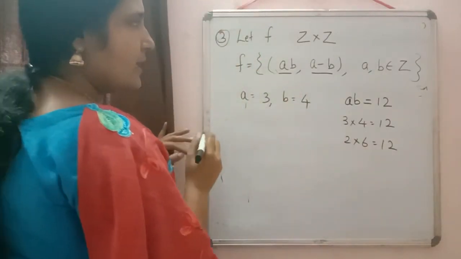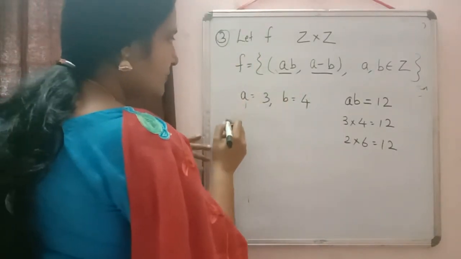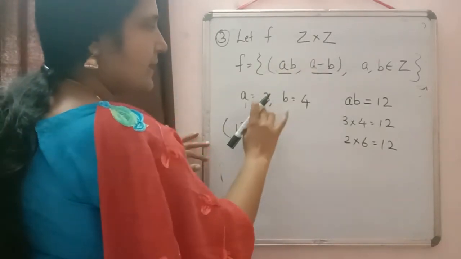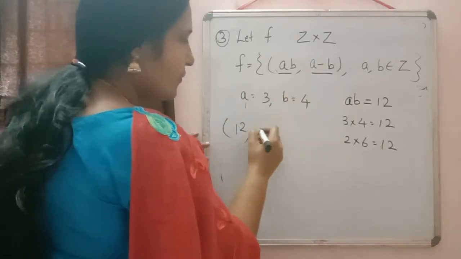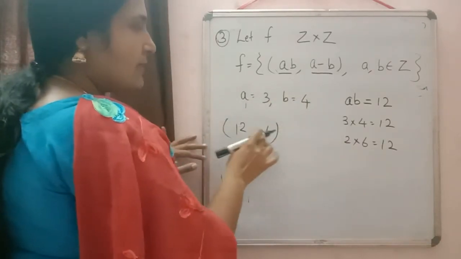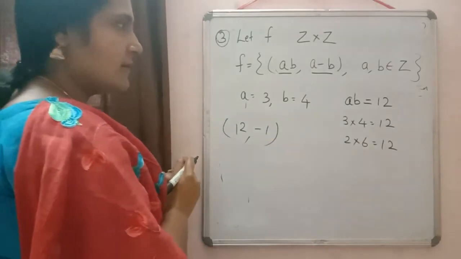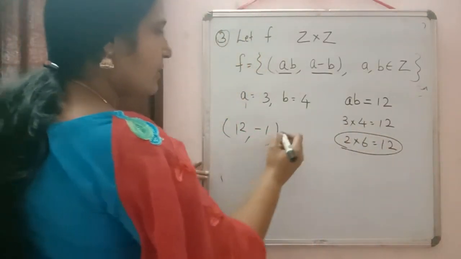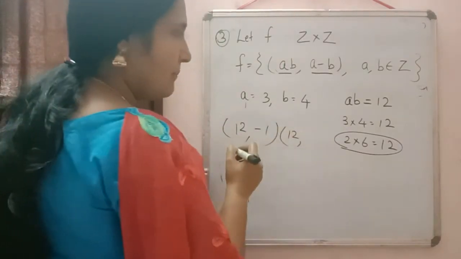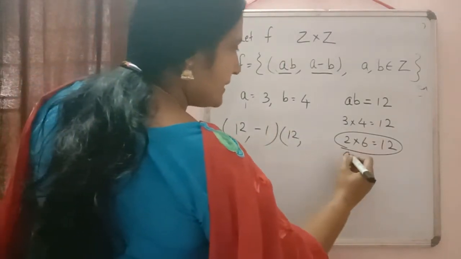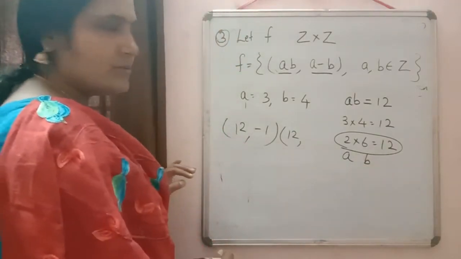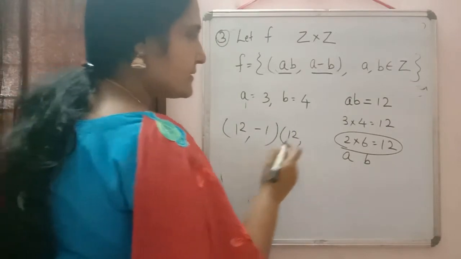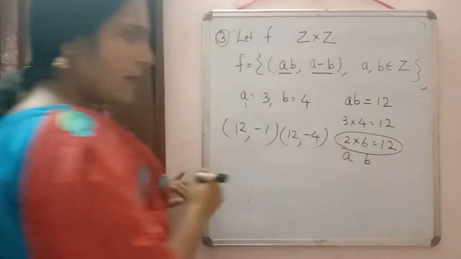Then according to the relation, what will come? First one, AB: 3 into 4 is 12. And here we will get 3 minus 4, so according to the rule, 12 is related to minus 1. Now I am taking the values 2 and 6. Then the ordered pair will be 12, comma, with A equal to 2 and B equal to 6, so 2 minus 6, which is equal to minus 4.